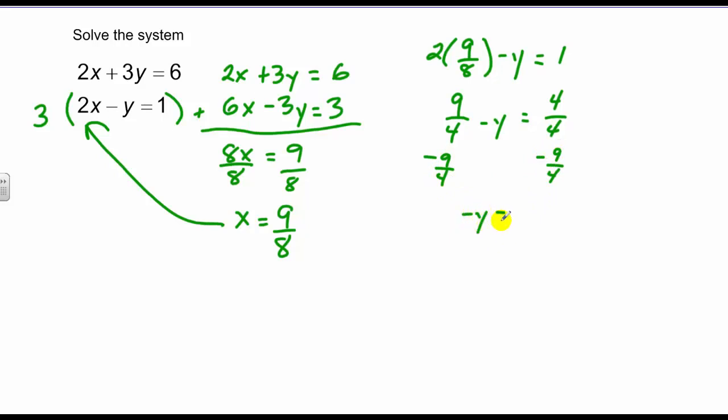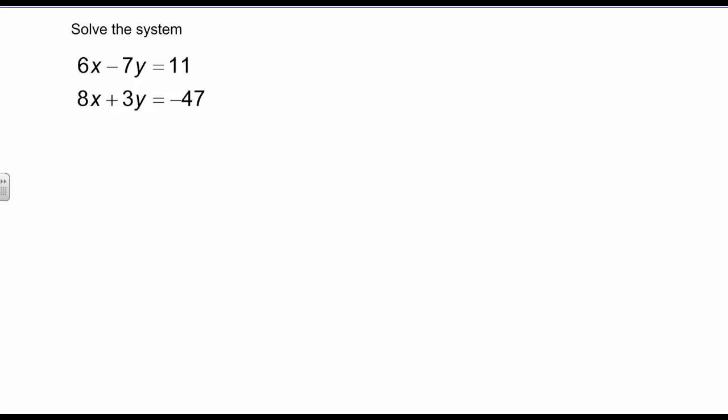So negative y is equal to negative 5/4, and y is equal to 5/4. Solution: 9/8 and 5/4.